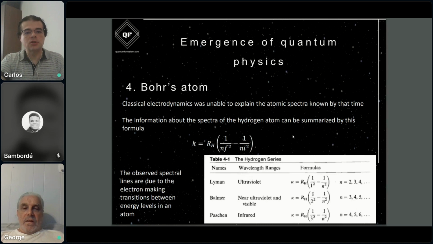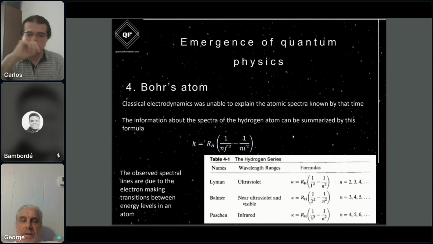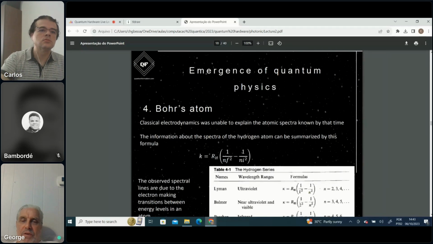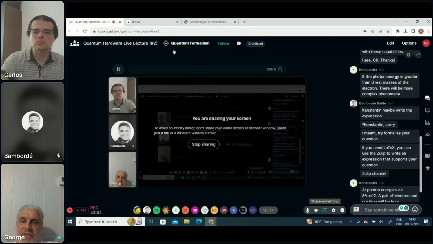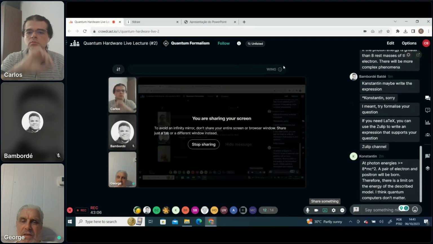Sorry? Konstantin has commented, expanding on his question, that at photon energies greater than or equal to 8 mc squared, a pair of electron and positron will be born. Therefore there is a limit on the energy of the described model. I don't think quantum computers matter.